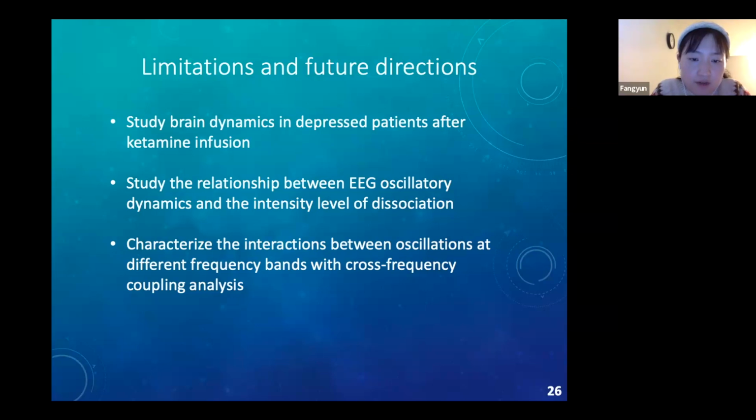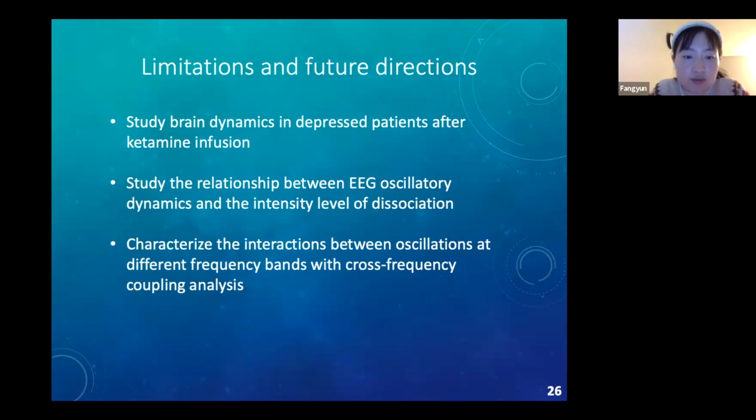In follow-up studies, it would also be interesting to explore the relationship between EEG oscillatory dynamics and the intensity level of dissociation, which could not be addressed in the current study due to our limited sample size and the limited resolution of dissociation measurements.